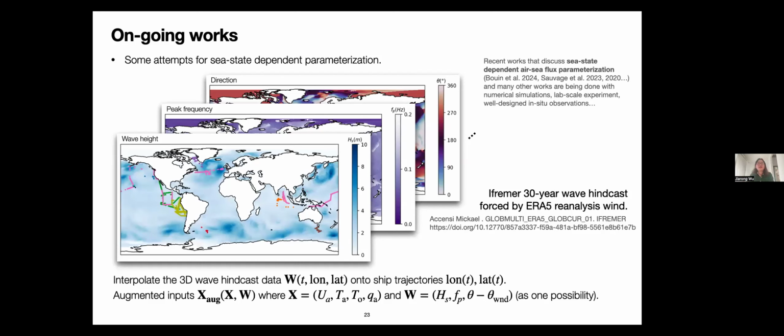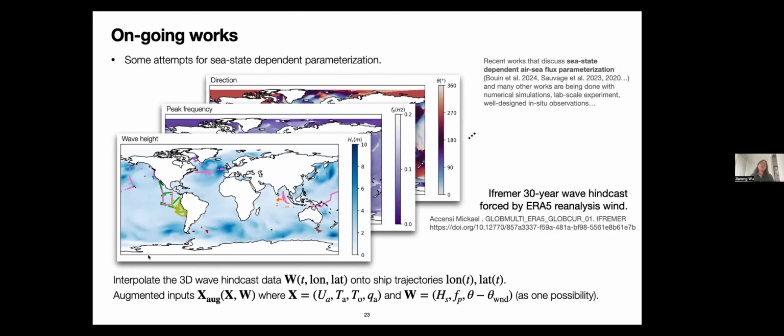The last thing I will say is I've also made some attempts to perhaps link this data-driven approach to sea-state dependent parameterization. So I have this dataset, which is a 30-year wave hindcast forced by ERA5 reanalysis wind. What I did is I took this 3D data, so it's wave information as a function of time, longitude, and latitude, and I interpolated the ship trajectories, so longitude and latitude as a function of time, onto this 3D hindcast data.